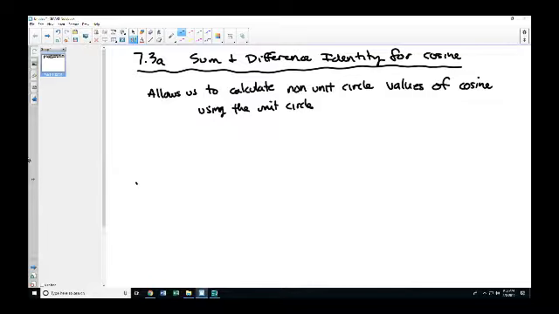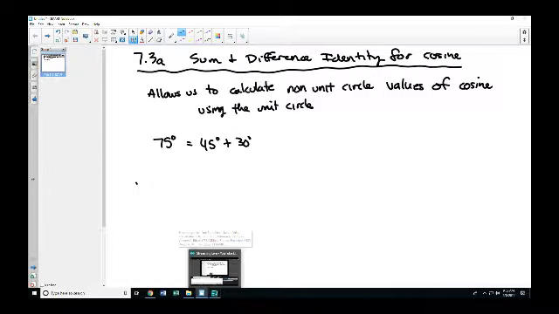All right. So the first step is seeing, let's say, 75 degrees. If you look at your unit circle, are there two angles that add up or subtract to form 75? 45 and 30. Okay, that's an add.